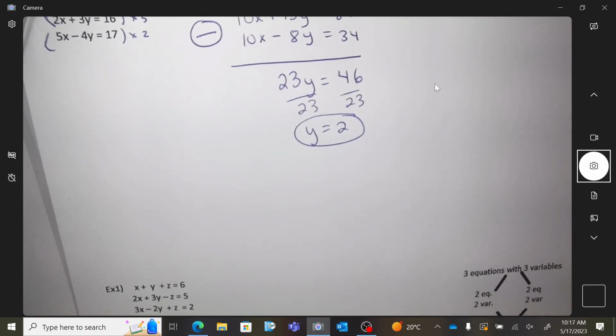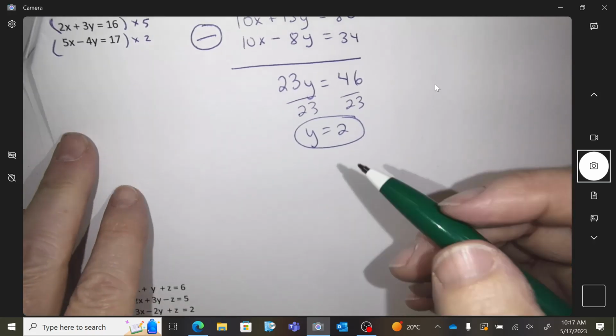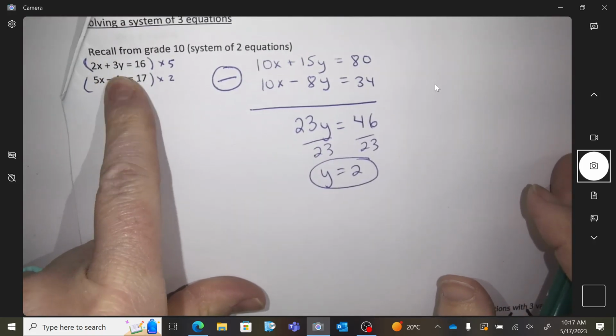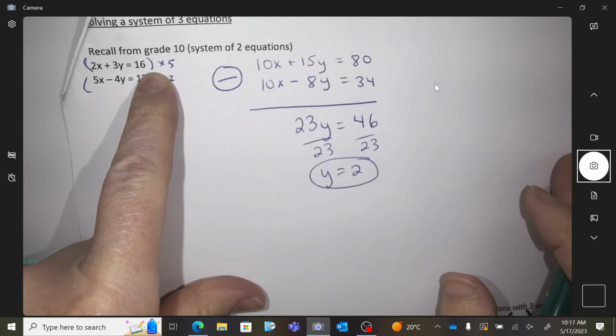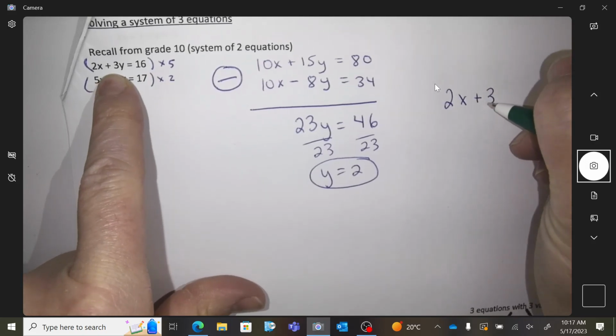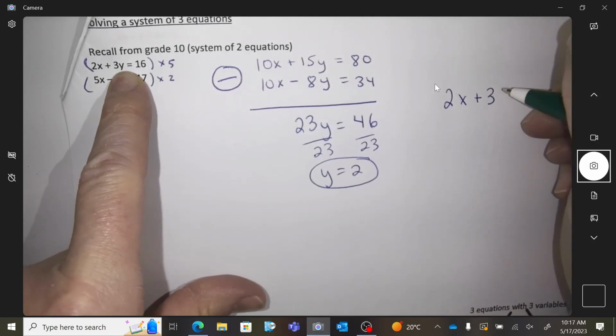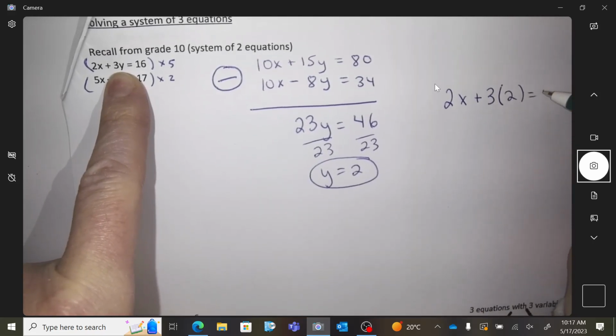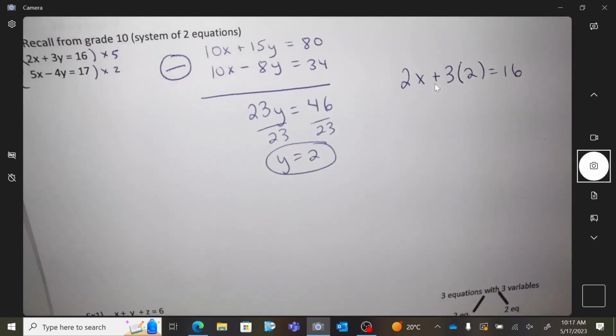Okay, so this is y, but now I have to go back somewhere and figure out what x is. Do you remember doing this? Looking familiar yet? How do I get x? I'm going to go back to an equation at the top. I'm going to pick this one. So 2x plus 3y, I know y, so I'm not going to write y, I'm going to write 2. Equals 16. That's called a plug-in, right?